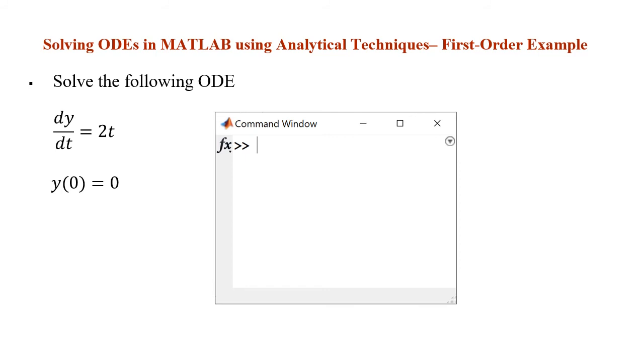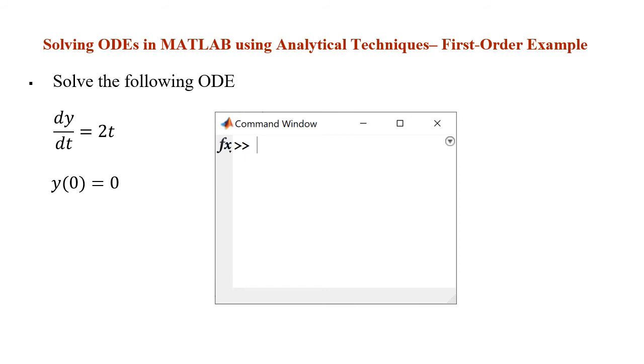It is up to us to choose the time interval for the solution in case we want to plot it later. But by the end of the slide, we'll reach the symbolic solution for the given differential equation.